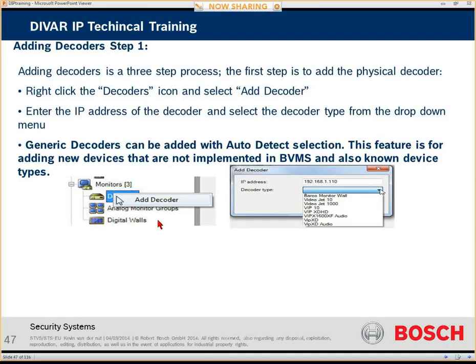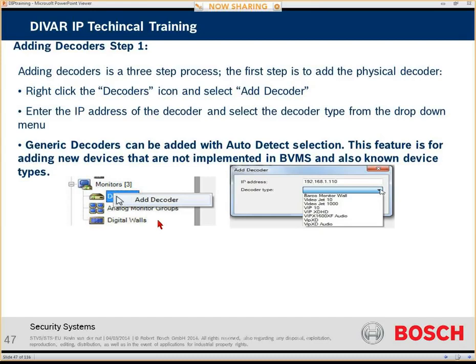We have 2 different options of adding a decoder. When we right click the decoders, we have the option to manually add them from here. We say add decoder, enter the IP address, and then with a drop down menu you can select the exact device type or decoder type that you have and enter it into the configuration like that.